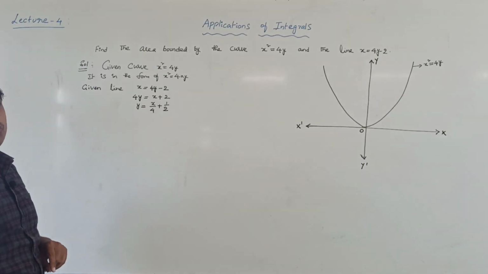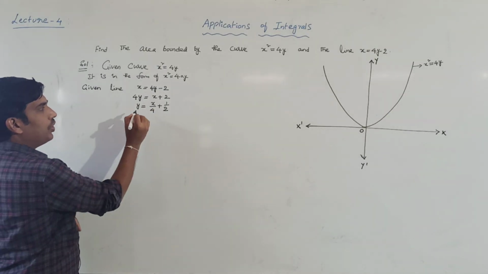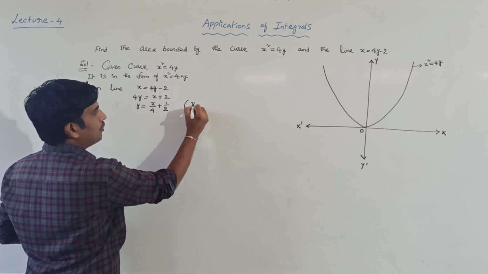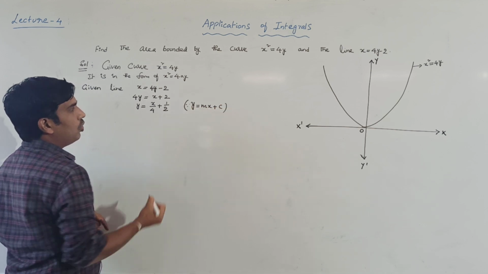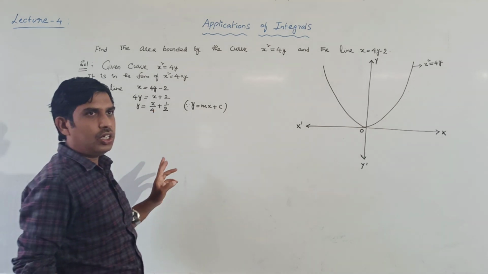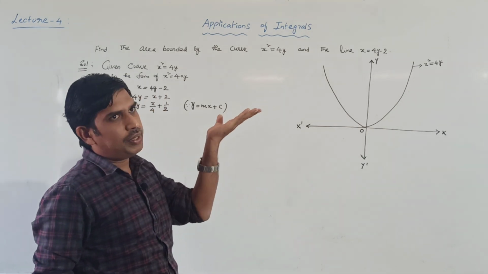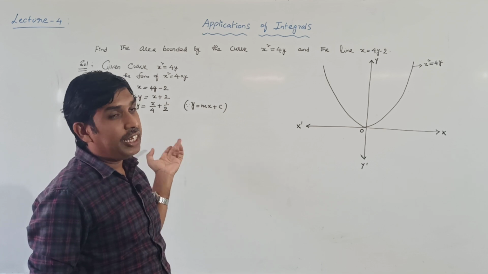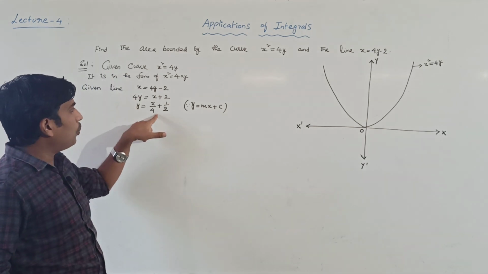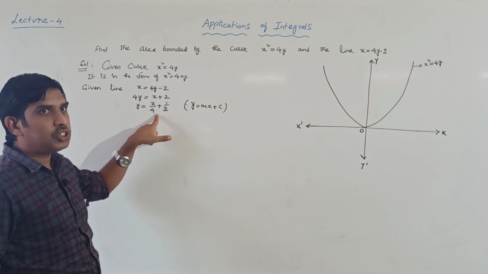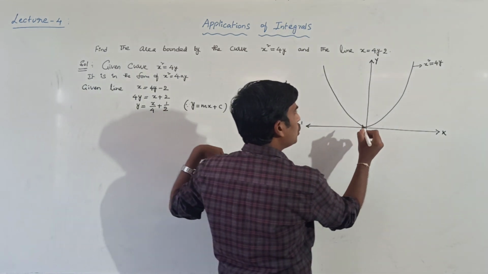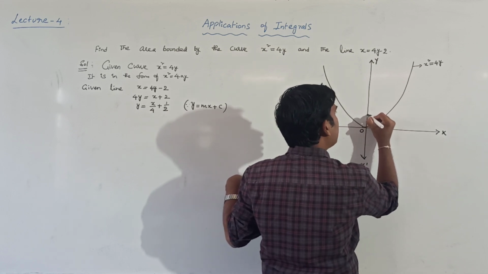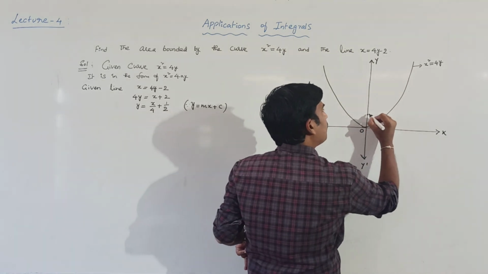It is in the form of y is equals to mx plus c, which represents a straight line with slope 1 by 4, a positive slope, and y-intercept 1 by 2.